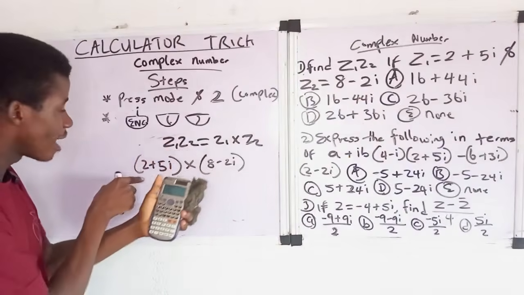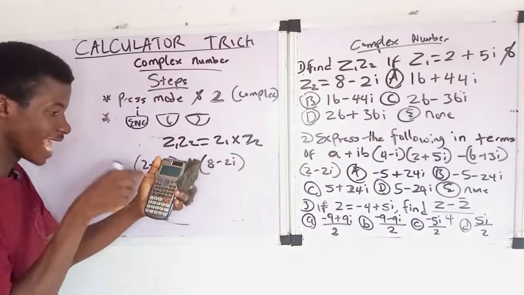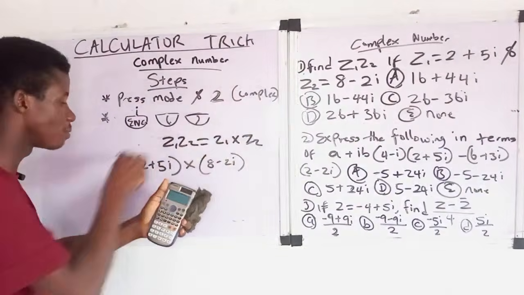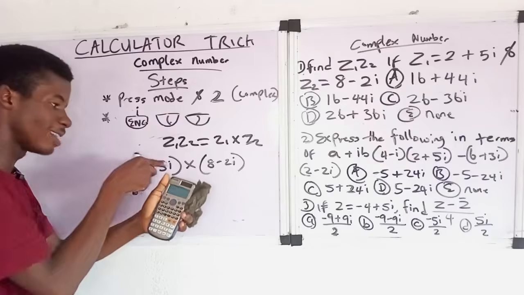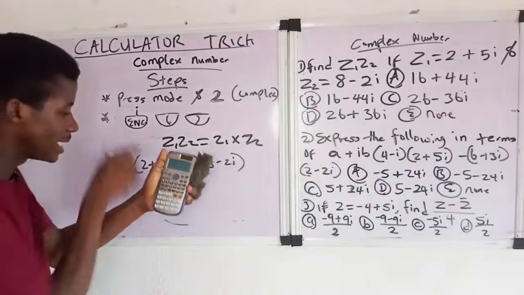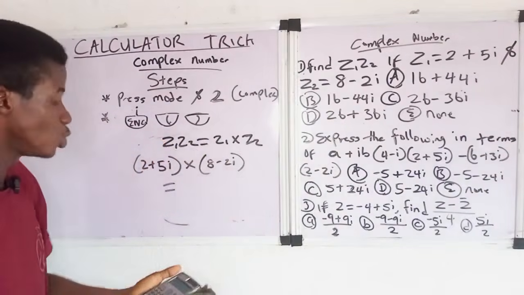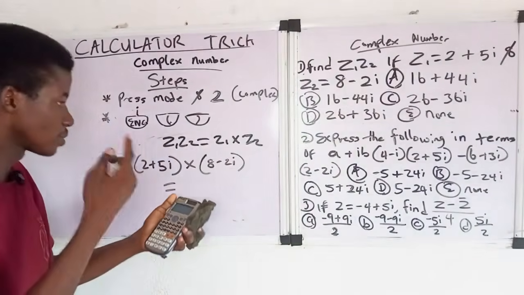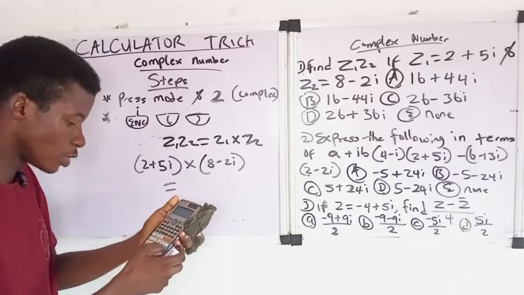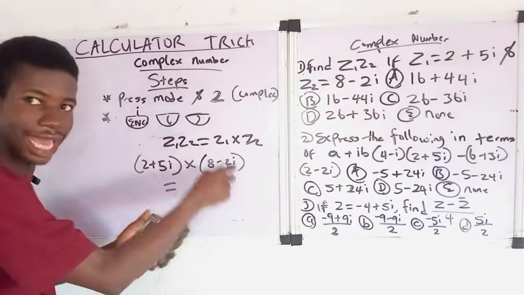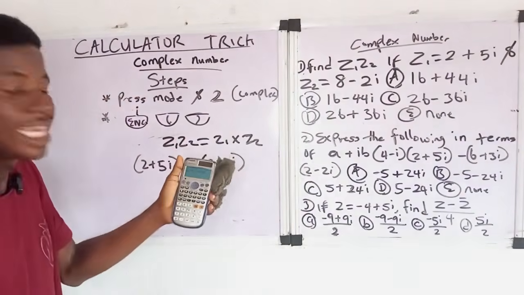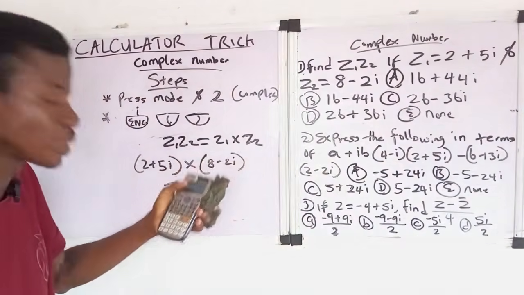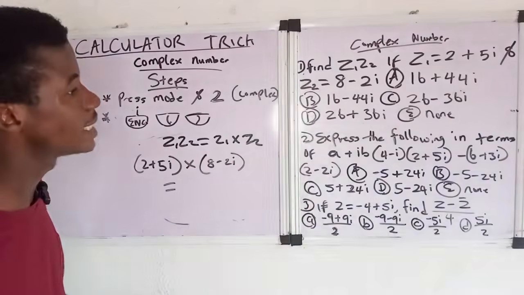So you have written 2, then plus 5, then press ENG for i. Then bracket close, then times bracket open 8 minus 2, remember i, press ENG, then bracket close, to give us 26 plus 36i.